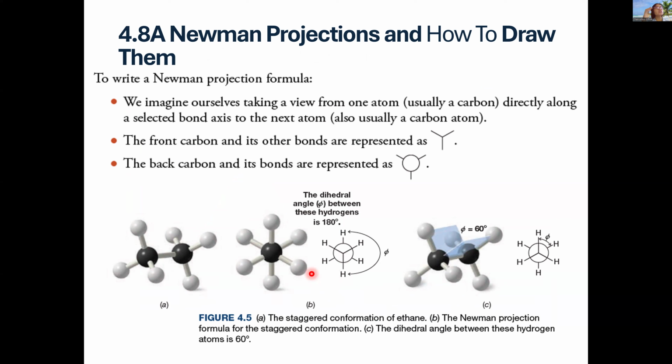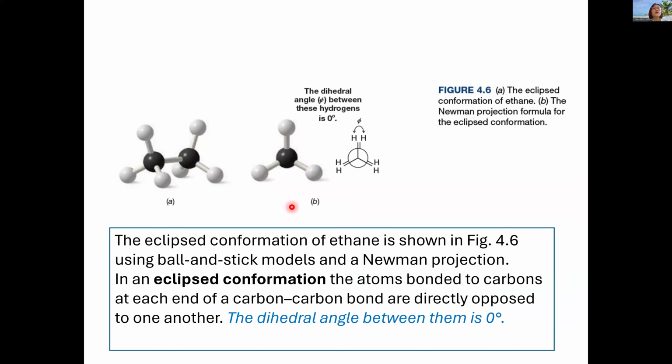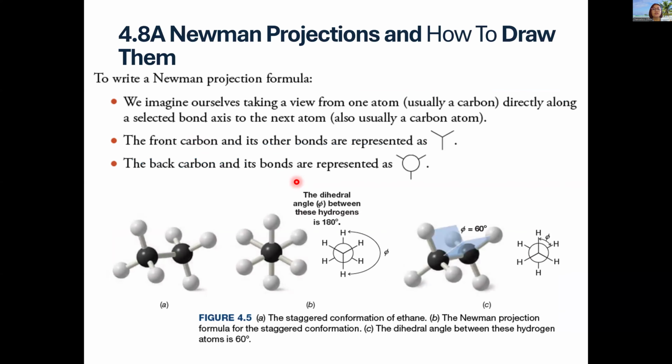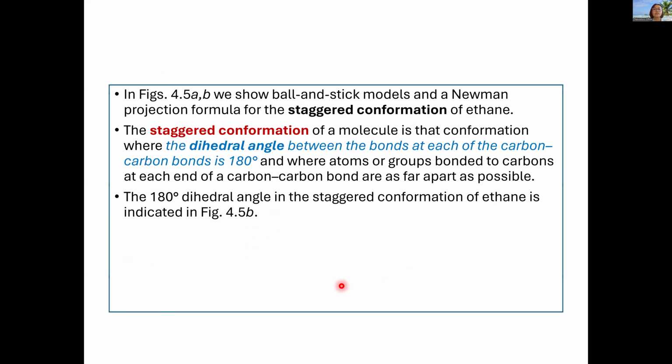And among the two, which one is the more stable conformation? The staggered or the eclipsed? It is the staggered, because there will be less repulsion between our neighboring hydrogen atoms.